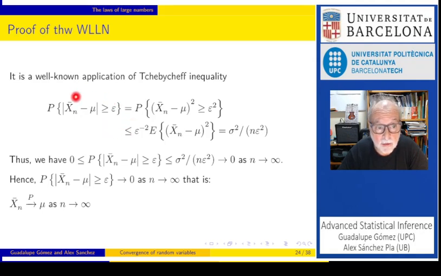If we consider the sample mean as a random variable centered on mu, by Chebyshev's inequality, this probability is smaller than the variance divided by epsilon squared, and the variance of the mean is sigma squared divided by n. Sigma squared divided by n, of course, tends to 0, so this probability as n tends to infinity tends to 0, which means that it converges in probability. As I said, this is only the basic law of large numbers, but we will keep with this right now.